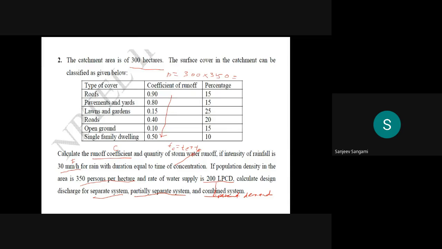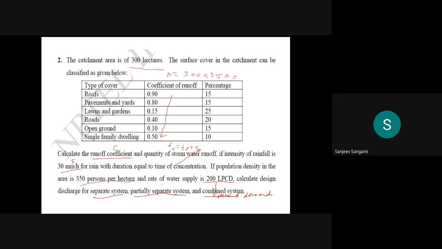In the previous problem, we only calculated separate and combined systems, but not the partially separate system. So this is a complete problem. If you understand this, it covers all the systems that we are going to design.